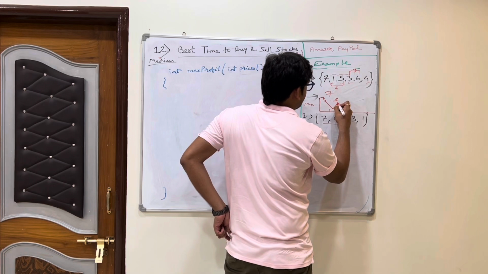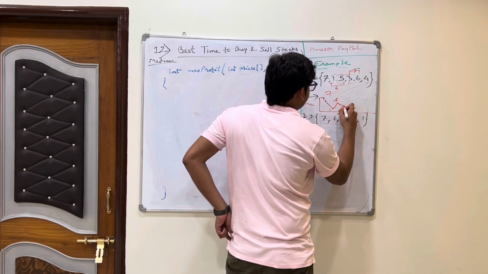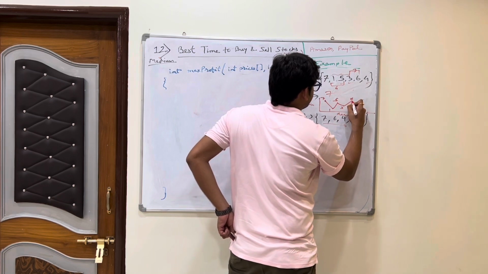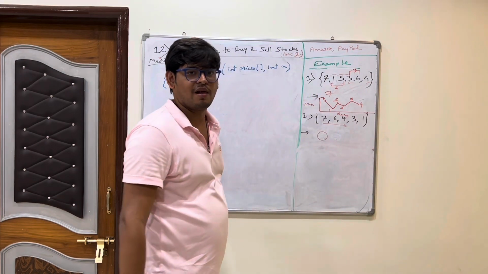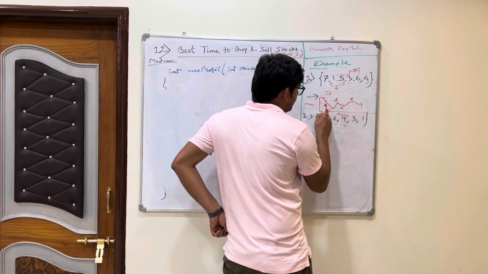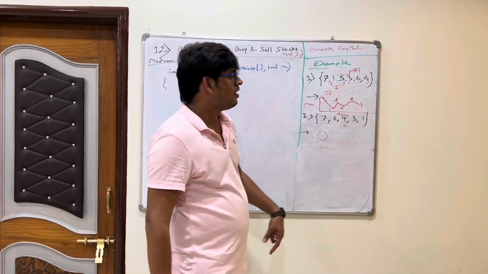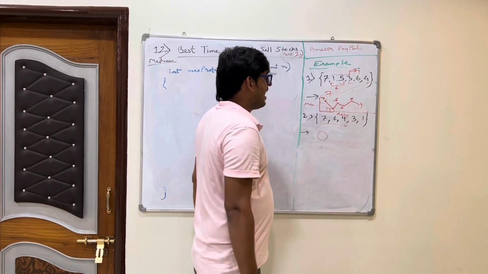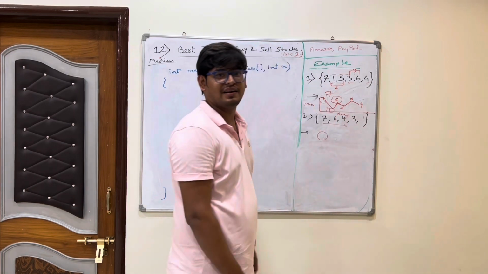At day 4 the price became 3. At day 5 the price became 6, and at day 6 the price became 4. Now, if he buys at 7 and then sells at 1, it would be a loss, it's going down. But if he buys at day 2 and sells it at day 5, he will be at profit.